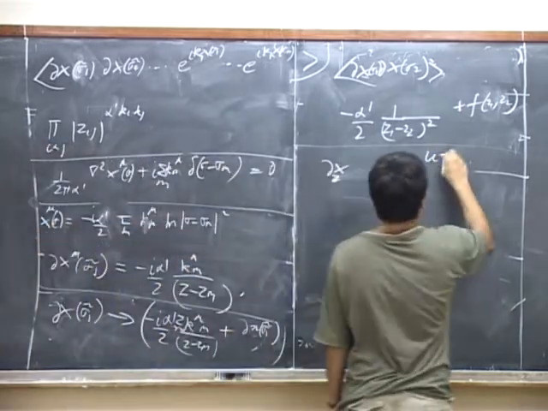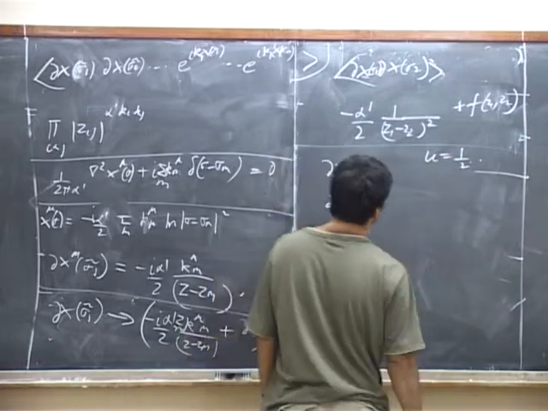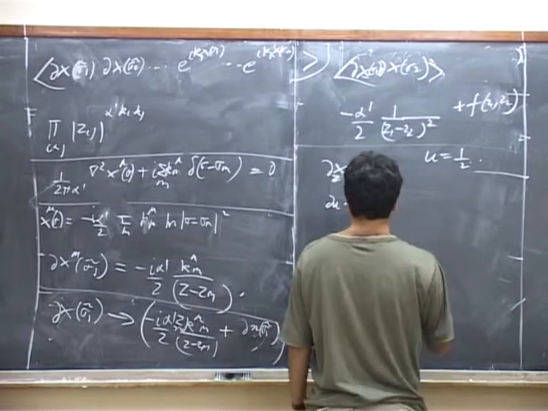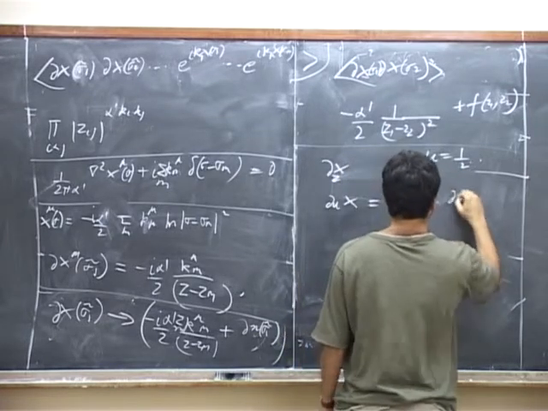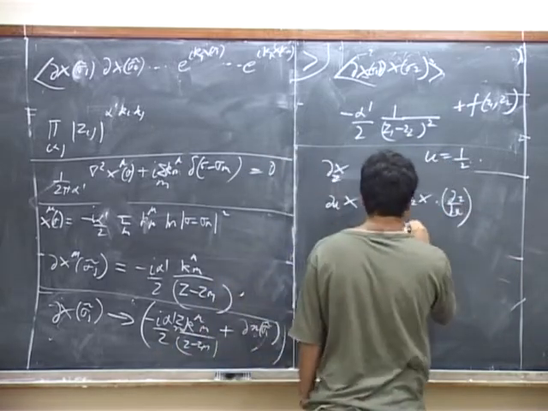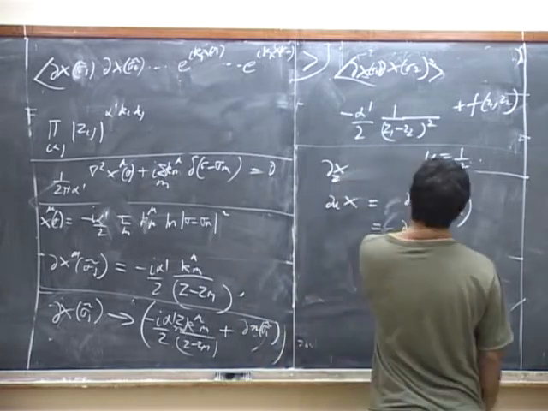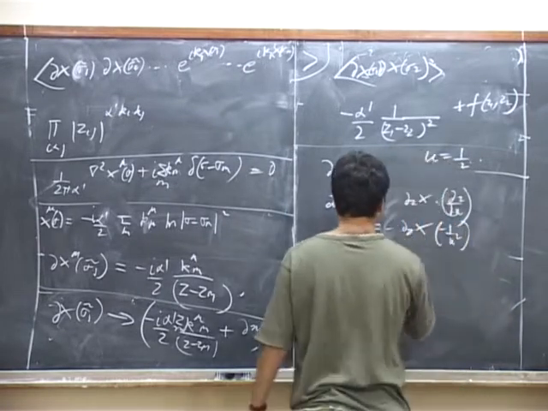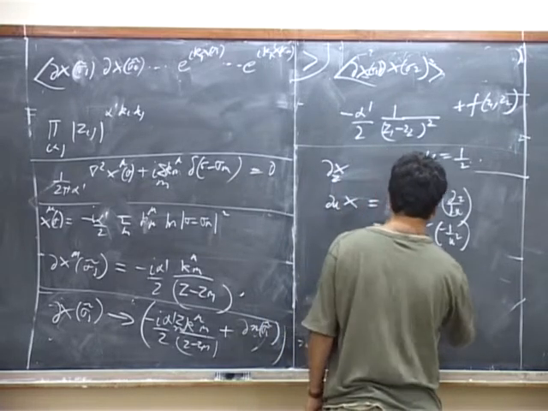We have u equal to 1 by z. So we get del u of X is equal to minus del z of X times dz by du. Since z is 1 by u, dz by du is minus 1 by u squared, which is equal to minus z squared. So we get minus z squared times del z of X.